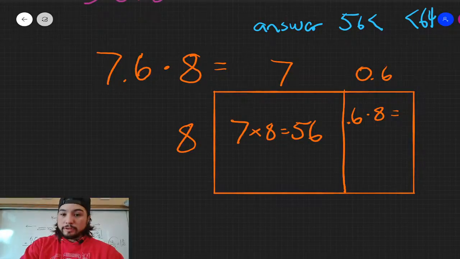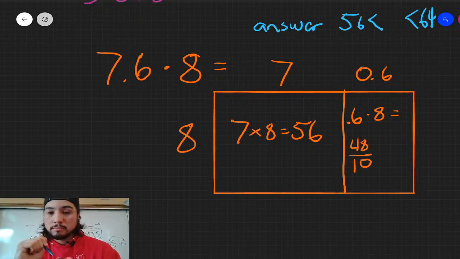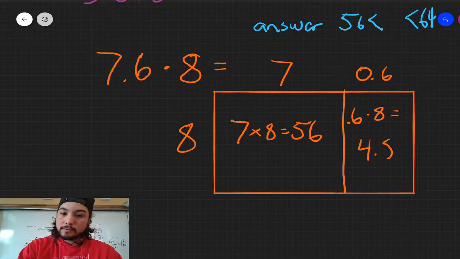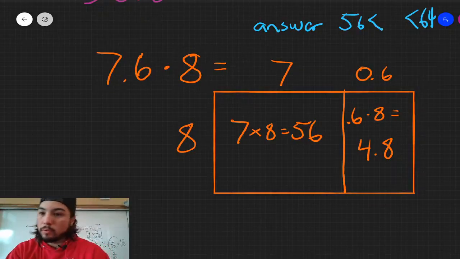Right, 6 times 8 would be 48 tenths if we're doing it in fraction form. Right, 6/10 times 8 equals 48 tenths, or 4 whole units and 8 tenths. I'm going to do that work over here in pink.